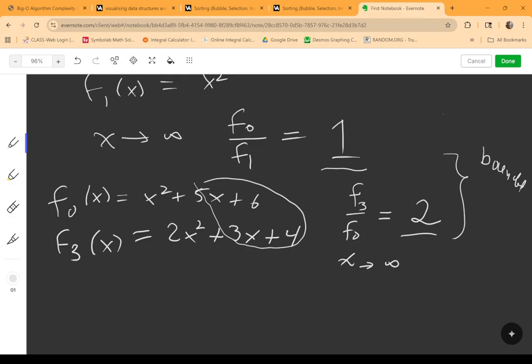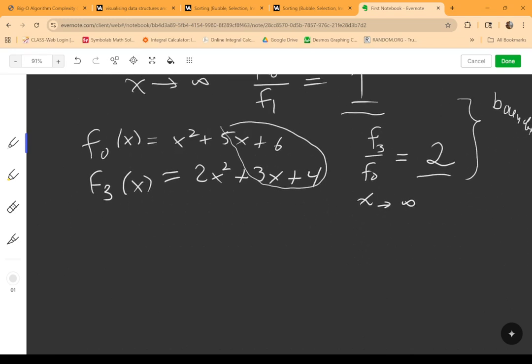Okay? Where in contrast, let's say we had f2(x) equals x cubed plus 2x plus 3.